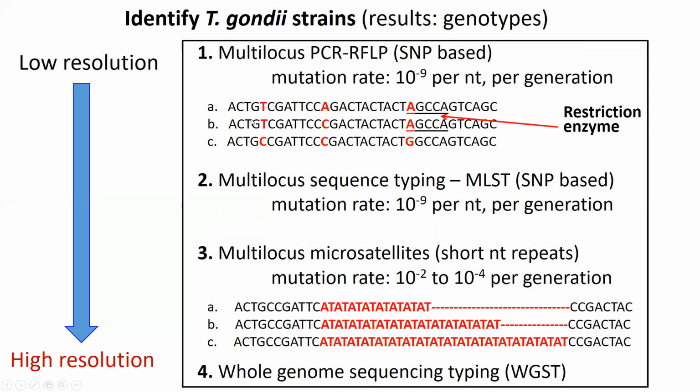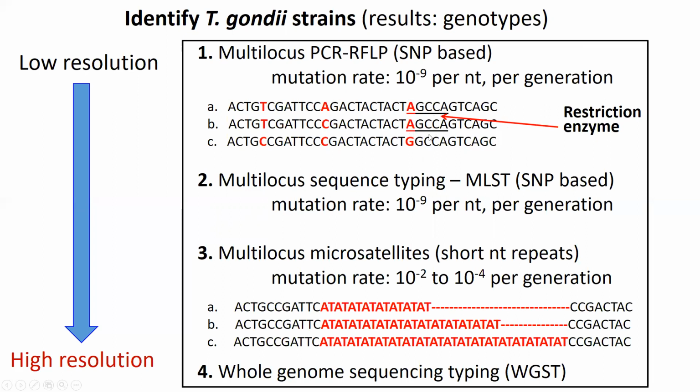If you use PCR to amplify a sequence, say ABC, from three different, say, parasite strains, and then you use a restriction enzyme, well, here we have 3 differences. But say there is only one restriction enzyme available to recognize the AGCC.